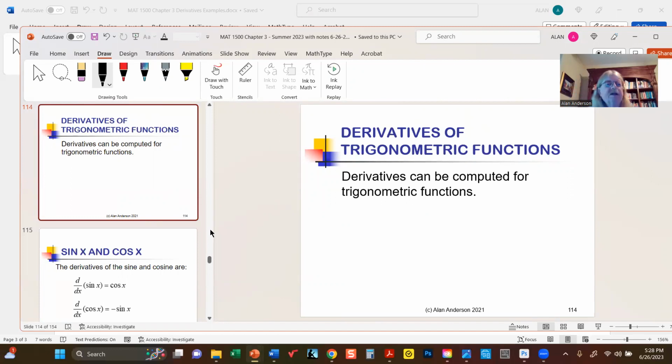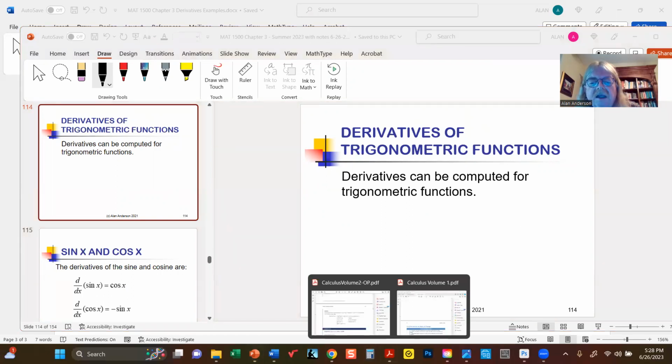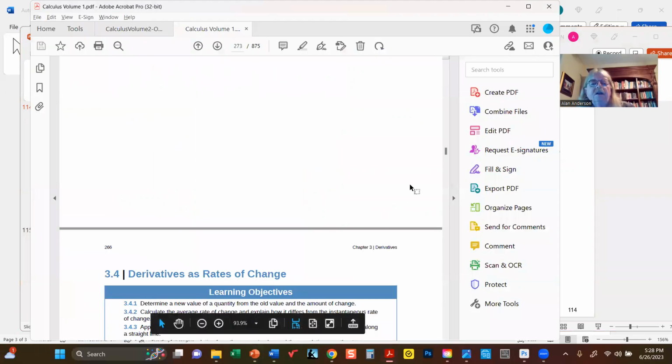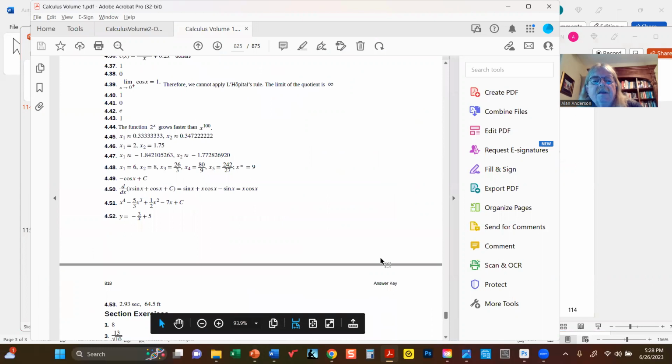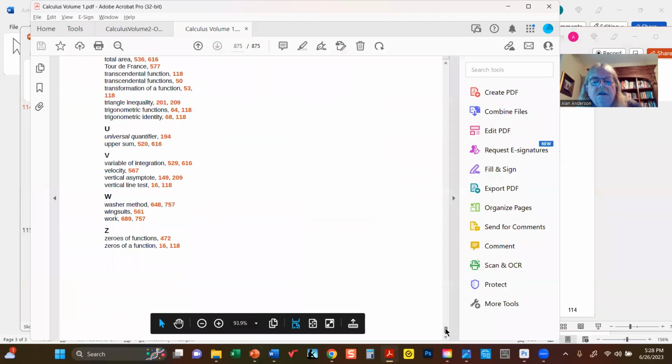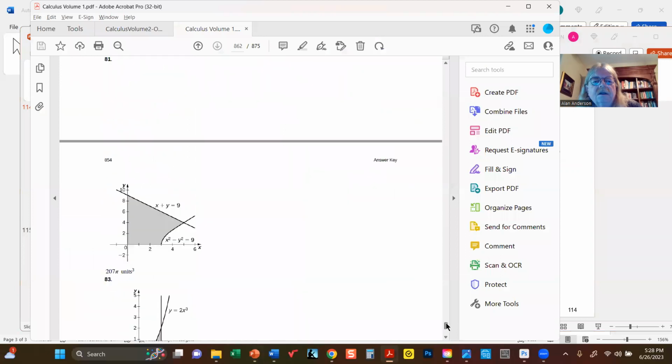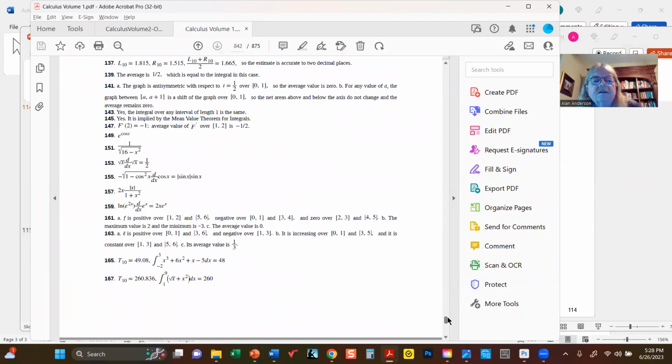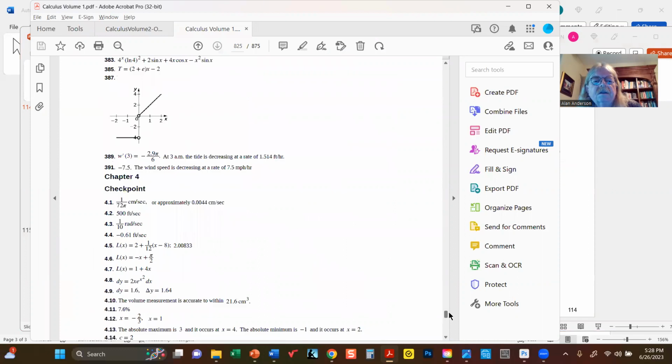By the way, I do want to point out that in the book that we're using, I think it's still open. Yeah, here it is. If you look at the very end, there's a couple of charts here. We've got some of the solutions.